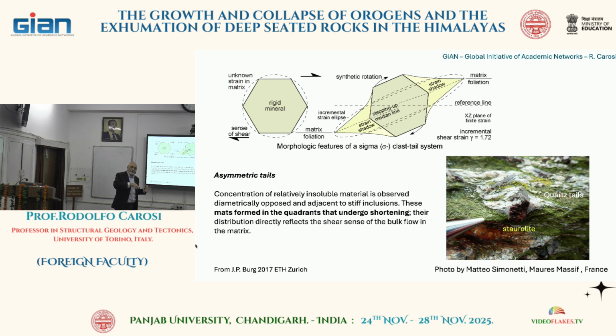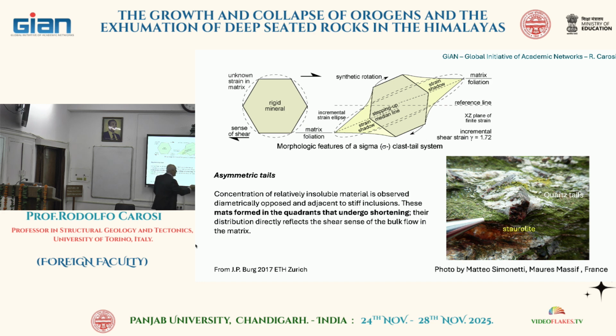If you have non-coaxial deformation, pure shear plus simple shear, you have also opposite rotations. But in simple shear, the rotation is in the same direction. So these rigid minerals try to rotate. While rotating, you protect the matrix from the pressure, and in the strain shadow, some minerals could crystallize, such as quartz.